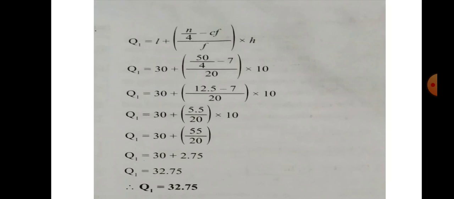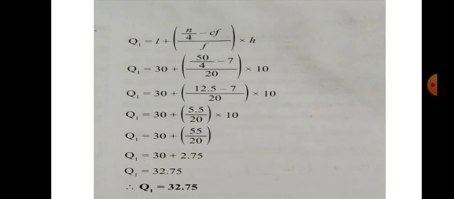In the next step, Q1 is equal to 30 plus (12.5 minus 7 divided by 20) into 10. Then Q1 is equal to 30 plus (5.5 upon 20) into 10. Then Q1 is equal to 30 plus 55 upon 20.